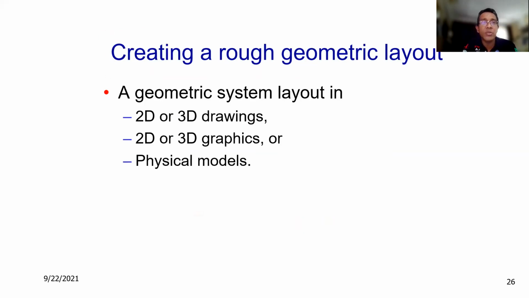After you make a schematic design drawing and cluster it, you need to create a rough geometry layout. A rough geometry layout can be created in 2 or 3 dimensions using drawing models or physical models, using foam or cardboard. You can also fabricate.